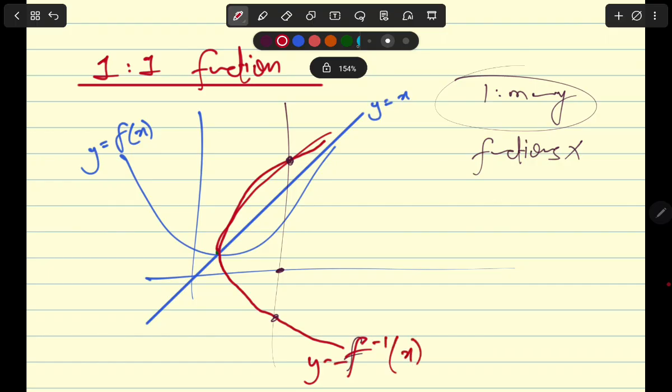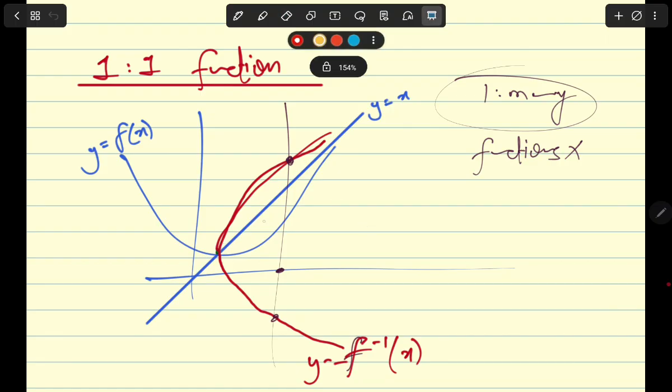Now, if I had specified the domain of this function from the turning point like this, or from here, or from here, or let's say from here and backward, which means that the turning point is not included, then the resulting f inverse of x will also be a function.